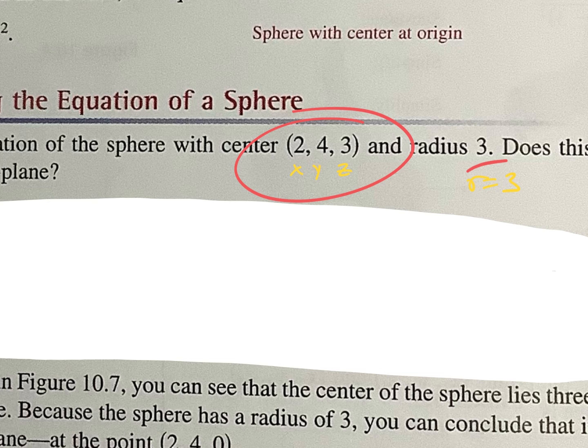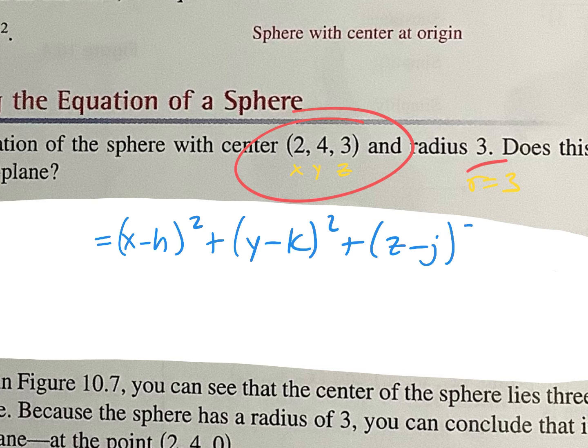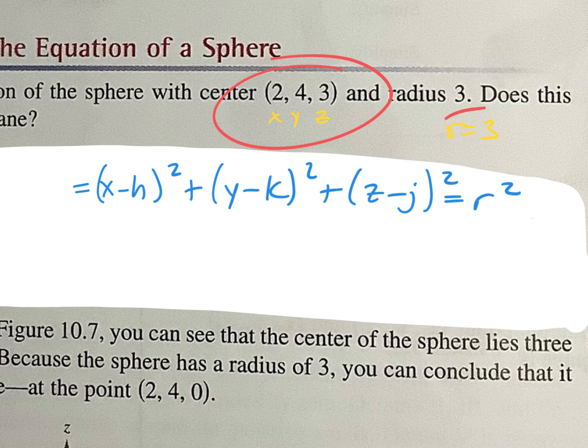So it's, we're not finding the distance. Come on. So I have x minus h squared plus y minus k squared plus z minus j squared equals radius squared. So plug in. What am I going to write? What's my equation? x, what? Minus 2 squared, right?